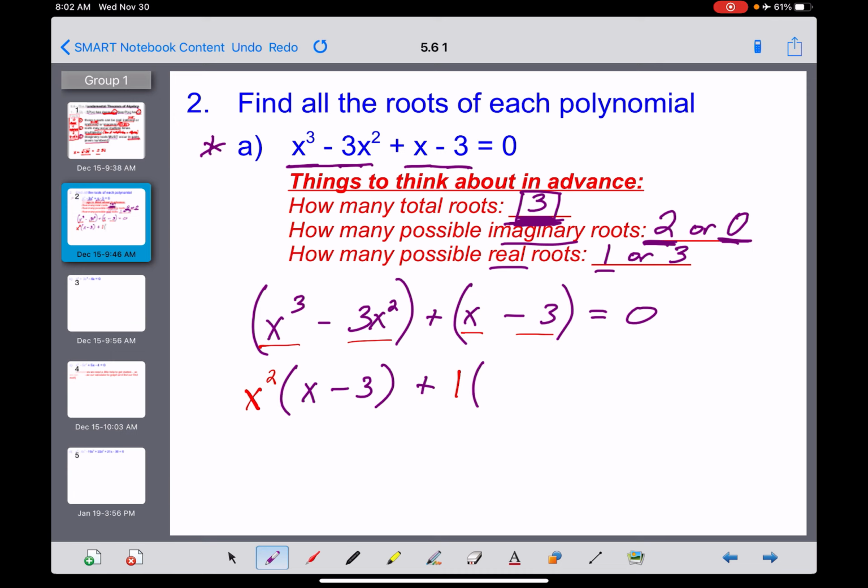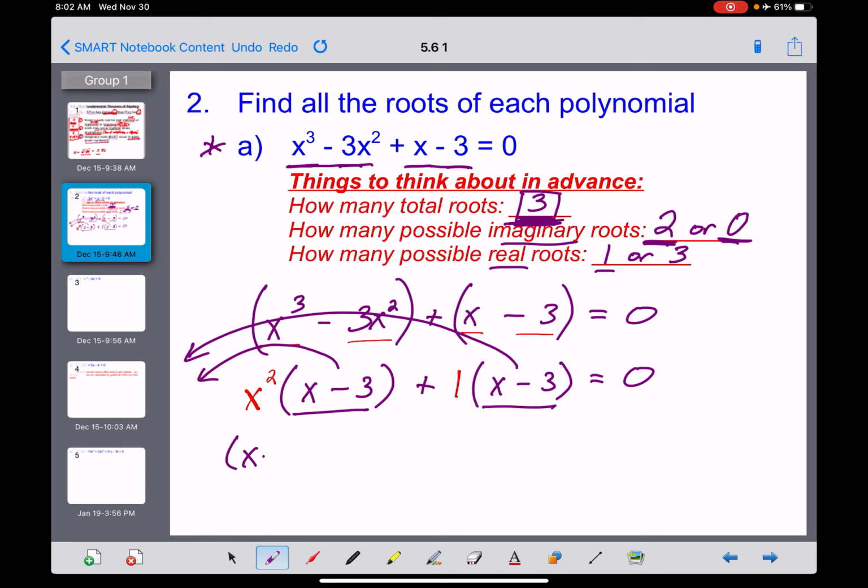Now, you're not really dividing anything out if your GCF is a 1, so we still end up with an x minus 3 in parentheses there. And the only way that grouping would work is if this binomial here and this binomial right here happen to be the exact same thing. And sure enough, they are. So we grab that GCF right there, and we pull it out in front.